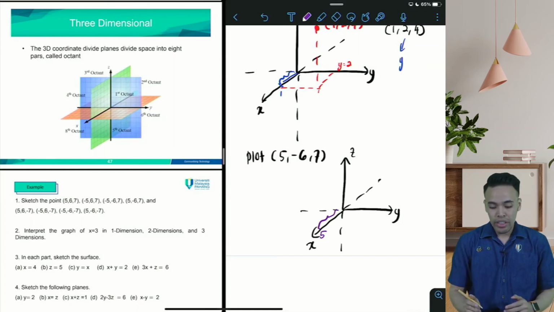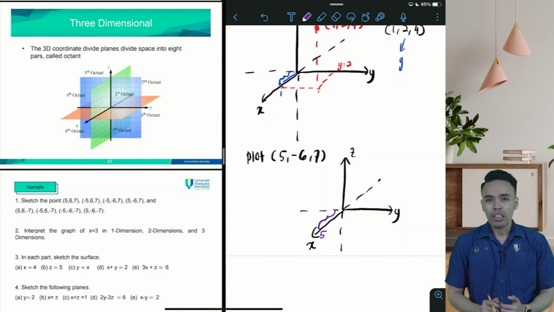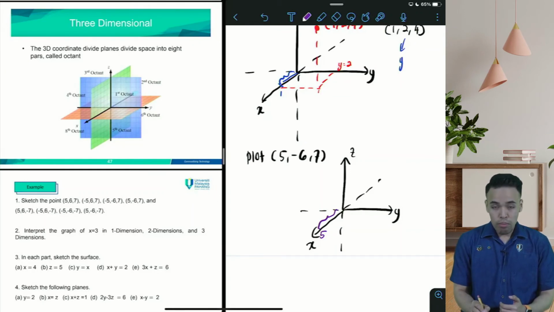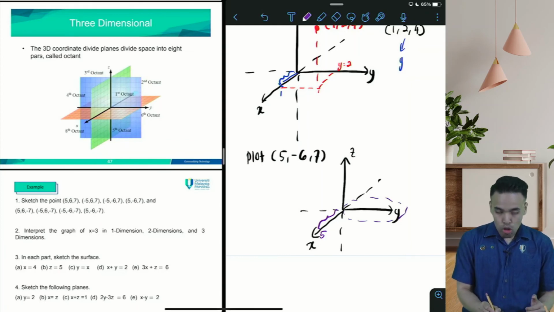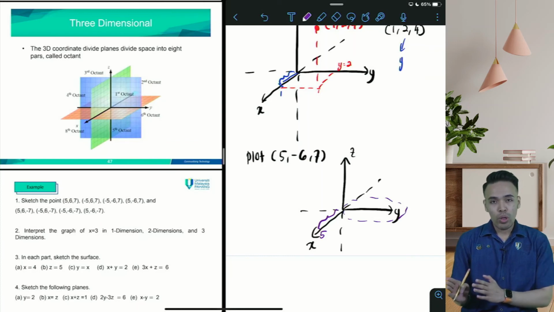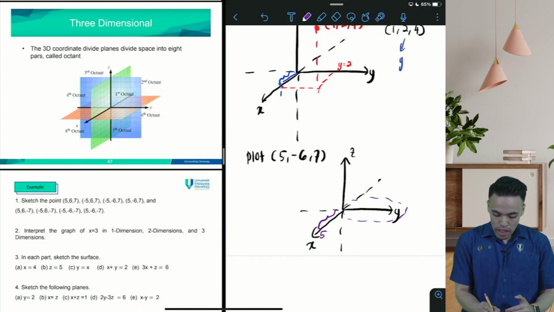Then I need to move 6 units, but this time along the negative y-axis. I know that the right part represents the positive y-axis, while the left part represents the negative y-axis. So I need to move 6 units along the negative y-axis, and maybe somewhere over here, y is equal to -6.